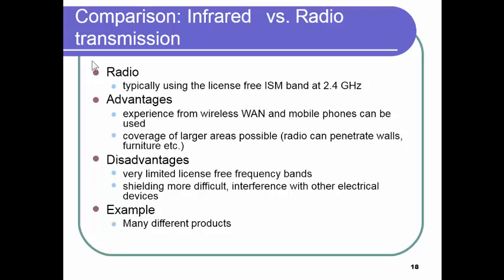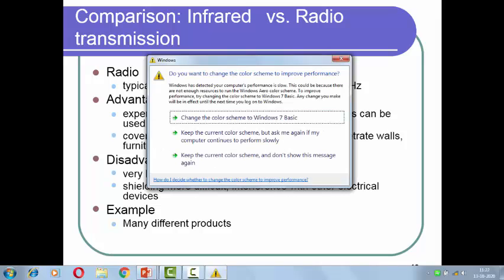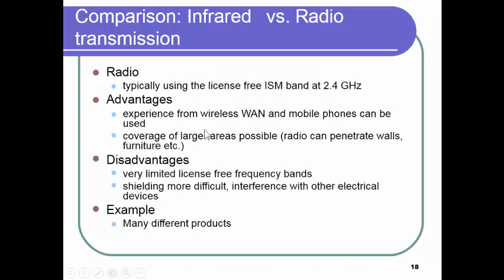An advantage of this radio based network is that experience from wireless LAN and mobile phones can be used. Coverage of larger areas is possible. Radio can penetrate walls and furniture. So this is the main advantage of this radio transmission scheme.